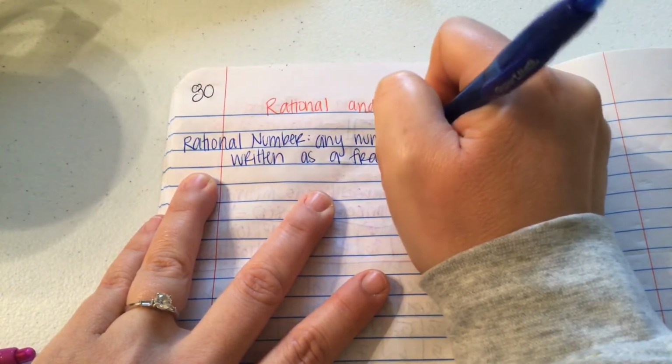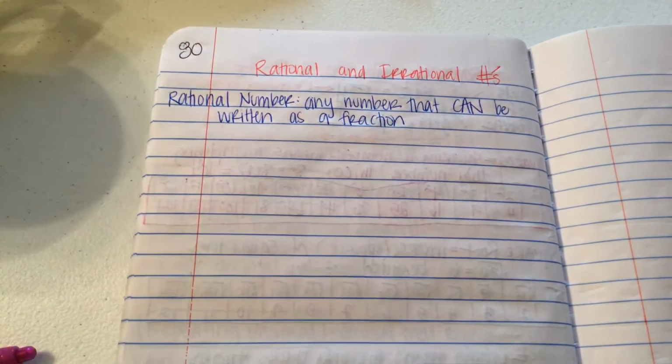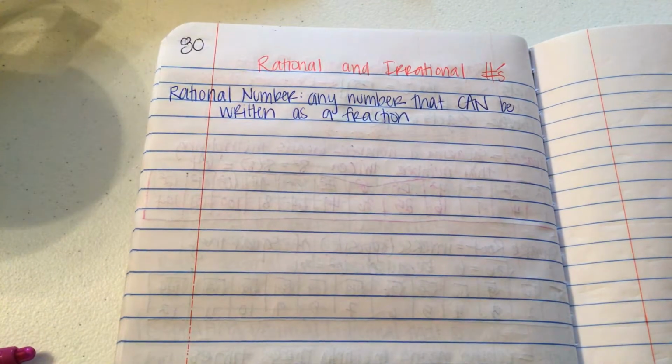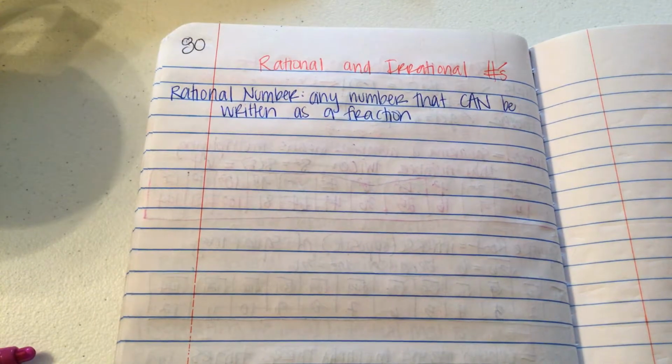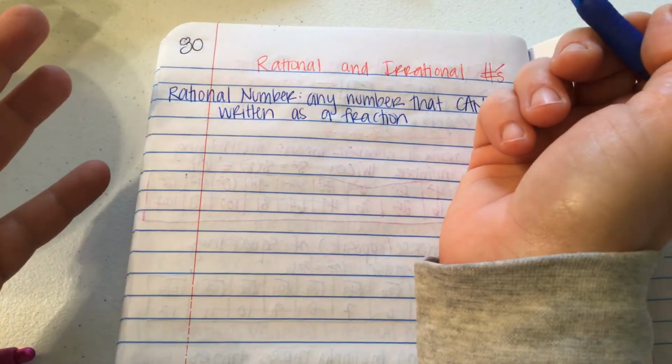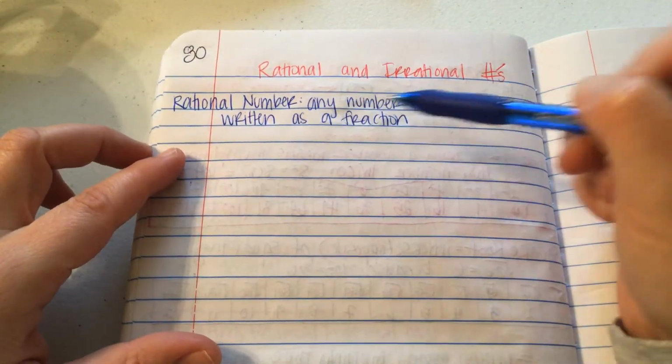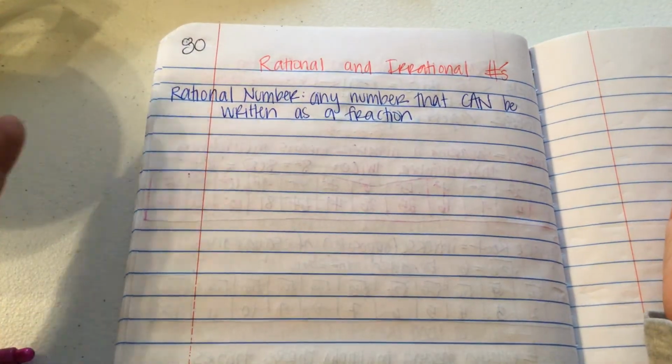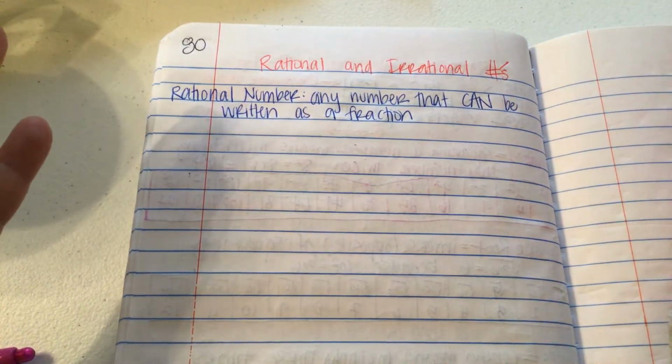And that's why we did all of that work of converting, right? So what types of numbers could be rational numbers? Well, fractions are rational numbers, because can a fraction be written as a fraction? Yeah, it's already a fraction, right?